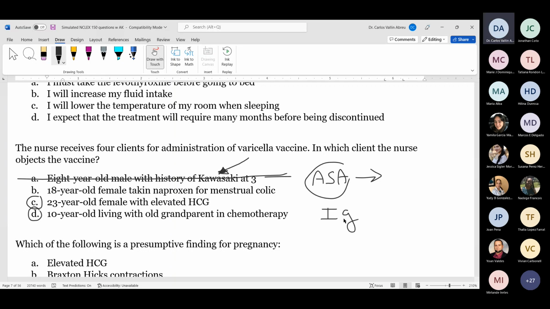Gamma globulin has demonstrated shortening and rapid improvement of Kawasaki disease. What does this injected gamma globulin do?